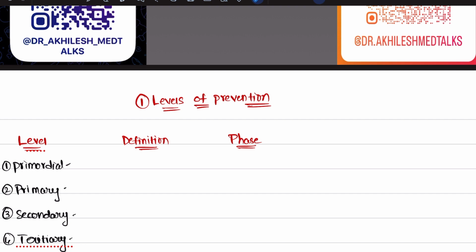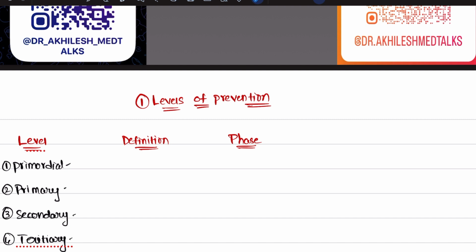So in the tertiary level of prevention, we are managing the complications and preventing the disability. Means the patient is getting worse, but we are going to prevent that. We are going to prevent the disease complications. This comes under the tertiary level of prevention.